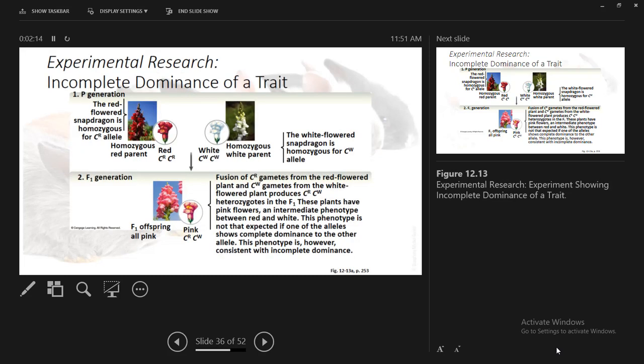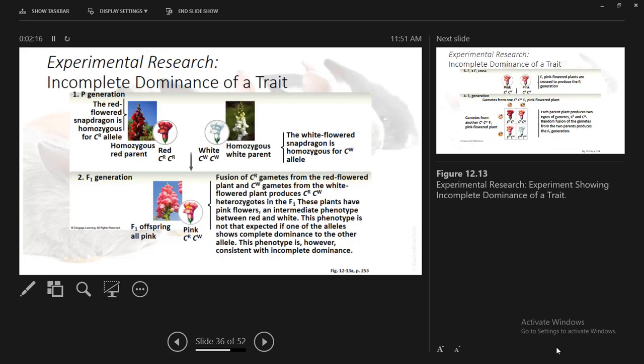And so let's look at this. Here we have incomplete dominance. So we set this up just like we set up our one character crosses when we were going to do our monohybrid cross, right? Where we take a true breeding parent for one of our two alleles. We take a true breeding parent for the second allele, and we cross them.